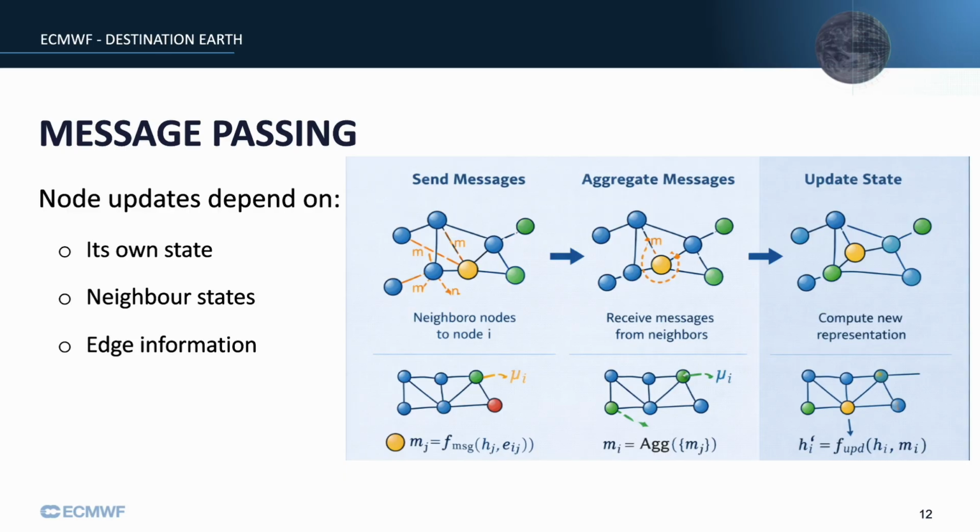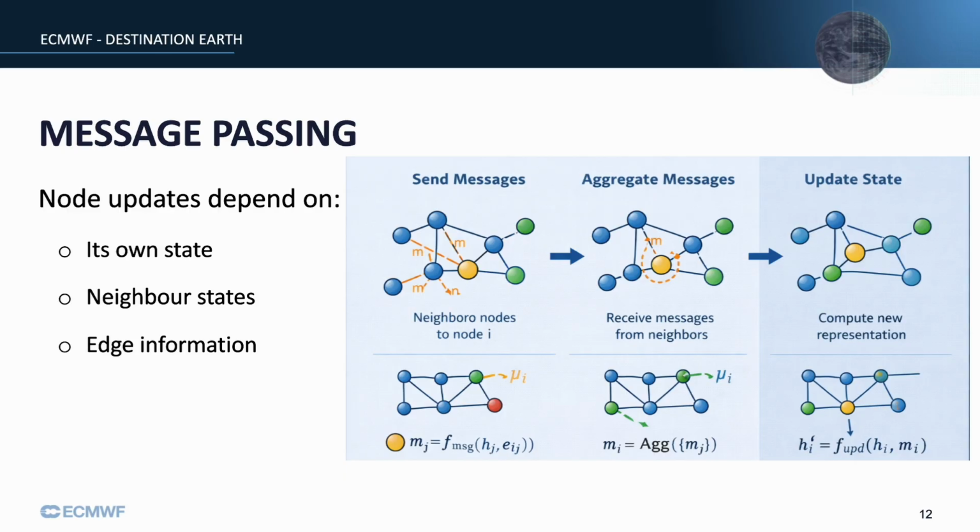For that, any of the nodes that are connected to me, like all of the users looking at this lecture, will also have a node representation, right? So the first part is to create your own messages. For creating these messages, you will use your own node representation and also the edge coming from you to me, which will be different for each of you. So a lot of you will create a lot of messages, and you will send those messages to me, the target node.